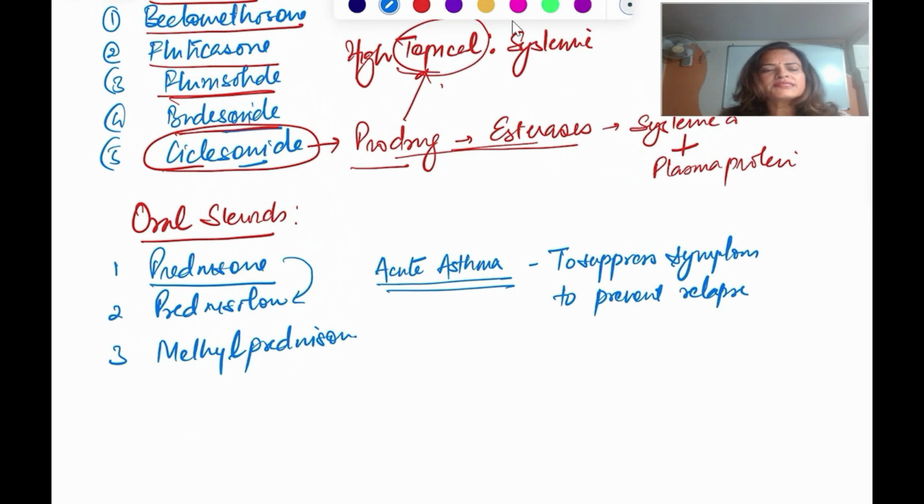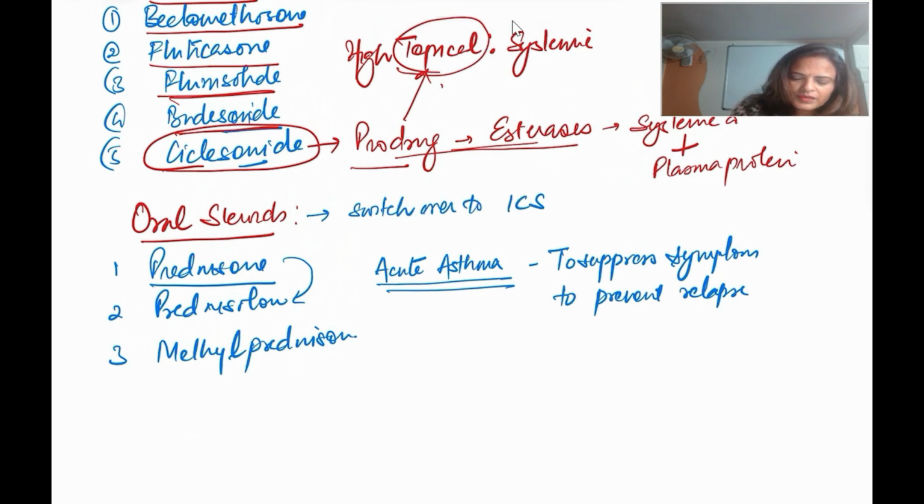Whenever the patient is taking oral steroid, again we want to switch over to the inhalational corticosteroid. If you want to switch over, then how to do this?